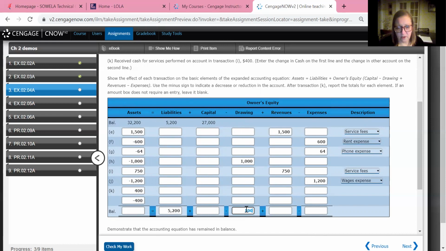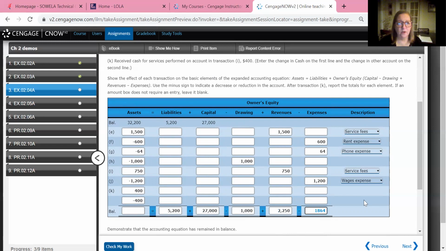Drawing only had one entry, and it was the 1,000. Nothing happened to the capital account during these transactions. Revenues had two transactions, 15,000 and 750. So that's 15,750, isn't it? And expenses had three transactions, 1,200, 664. So that's 1,864, I think.